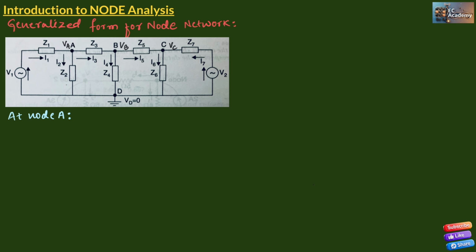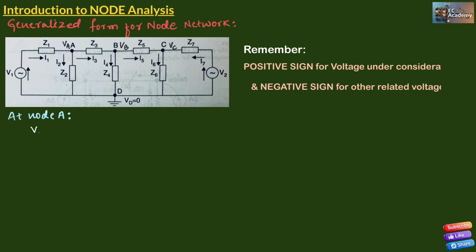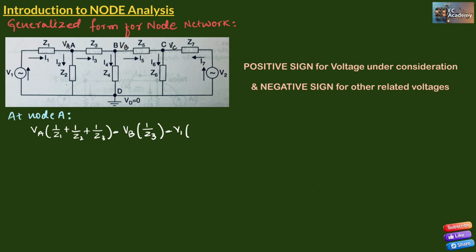So, if we write the summation of all these terms, we can write VA into (1 by Z1 plus 1 by Z2 plus 1 by Z3) minus VB into 1 by Z3 minus V1 into 1 by Z1 will be equal to 0.